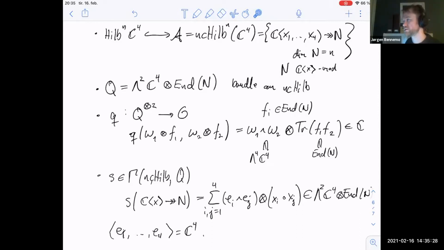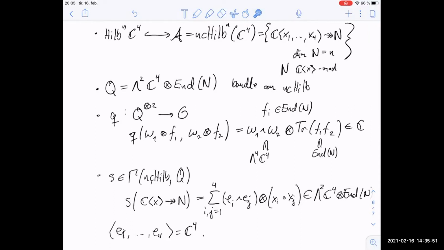In some sense, to me, the slightly surprising thing is that you don't need to be equivariantly Calabi-Yau in the 3D case. But anyway, those are two reasons. All right, thank you.